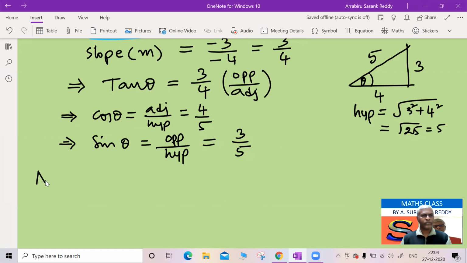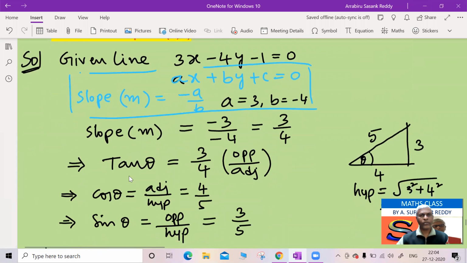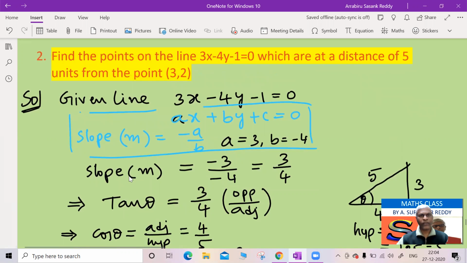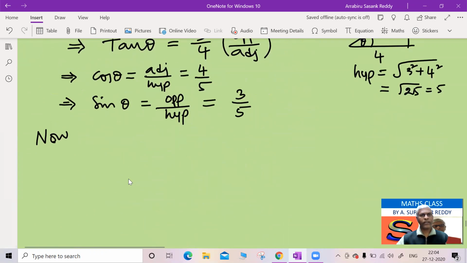Now, any point on the line which is at a distance r from a given point. Point 3 comma 2 is given and the distance 5 is given. The sin theta, cos theta values are there.